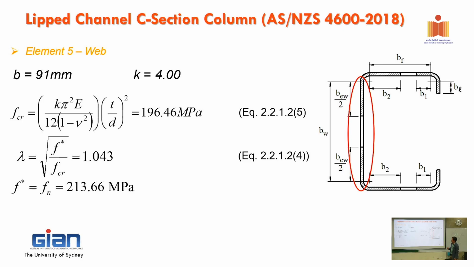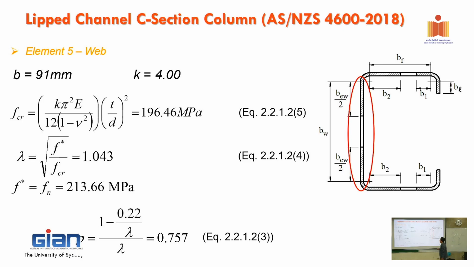From slenderness, you can calculate rho, which is the effective width equation. And now you can see with the web, only 75% of the web is effective. So that number will tell you.